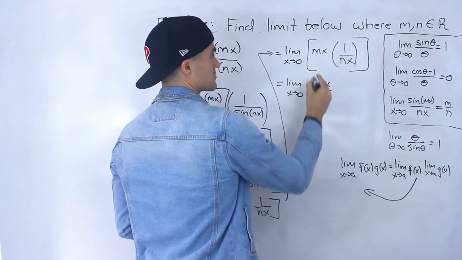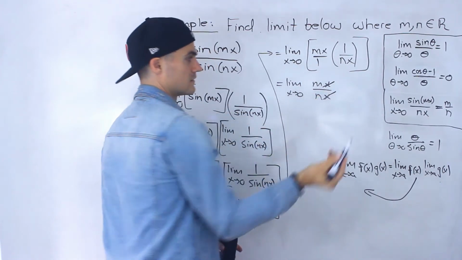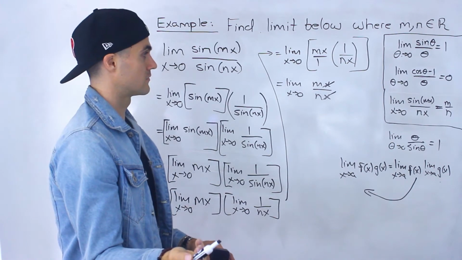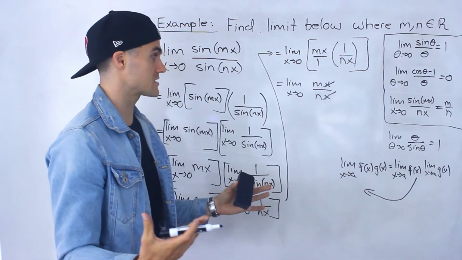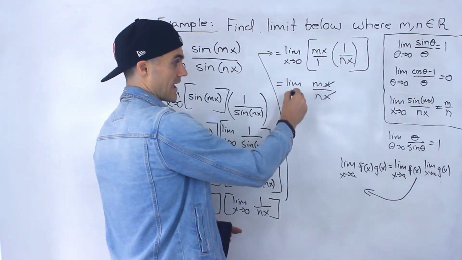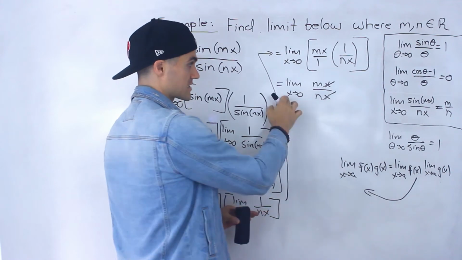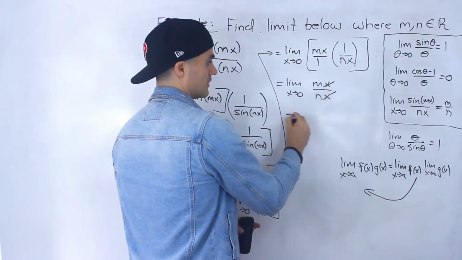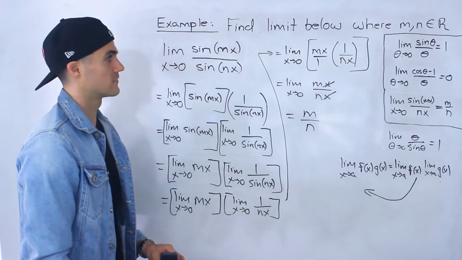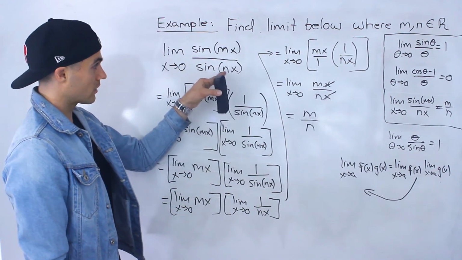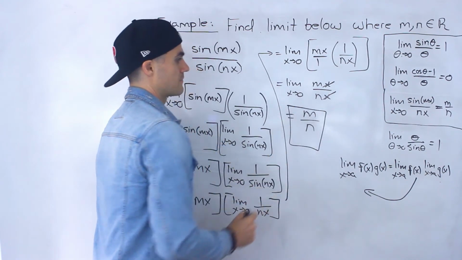If I multiply this by the 1, this is like over 1. What happens? The x's cancel out. And the m and the n, remember, they're just some kind of real number. They're just some kind of constant. And the limit as x approaches a of a constant is just equal to that constant. And so from all that work, this is equal to m over n.